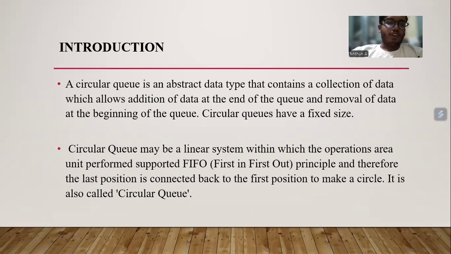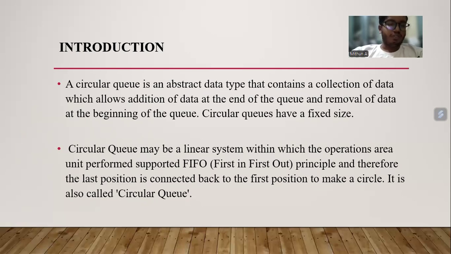When we talk about circular queue, it is an abstract data type that contains a collection of data which allows addition of data at the end of a queue and removal of the data at the beginning of the queue. And circular queue has a fixed size.